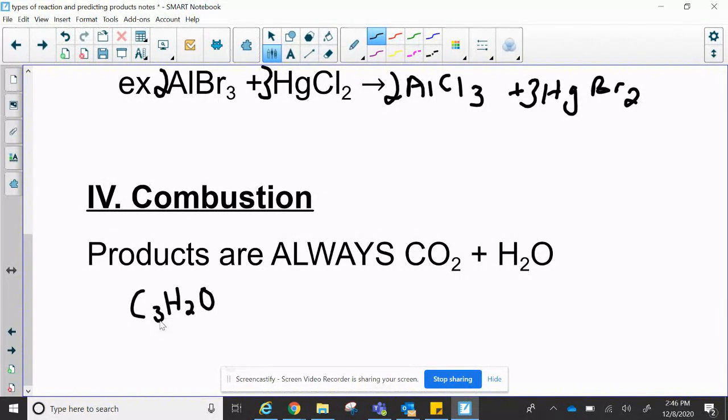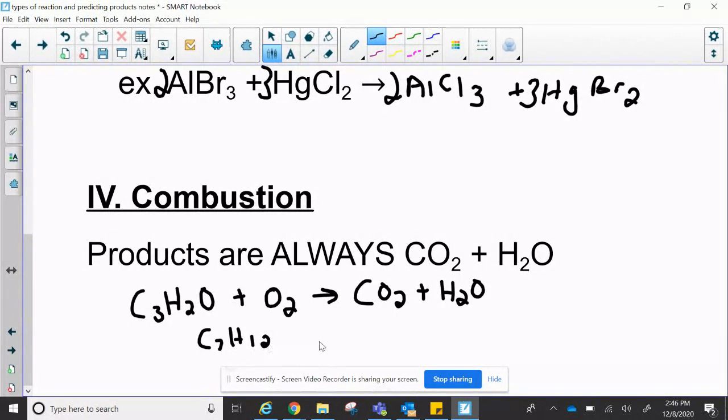Since I started with a compound that has just C's and H's, or C's, H's, and O's in it, I know oxygen is going to be my other reactant because this is a combustion reaction, and I'm going to have CO2 plus H2O as my products. I could have C7H12, and I know I'm also going to have oxygen because I just started with C's and H's, and I'm going to get CO2 plus H2O.